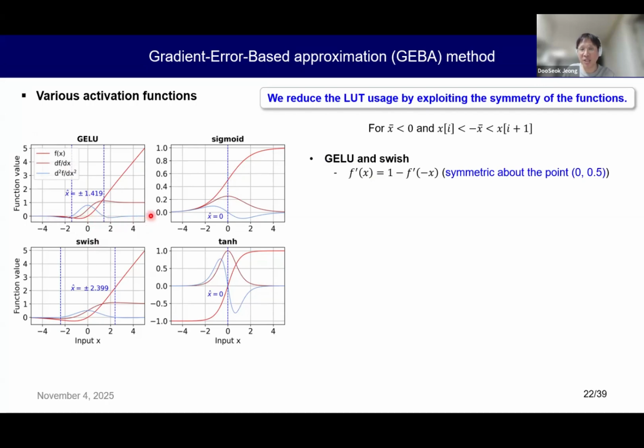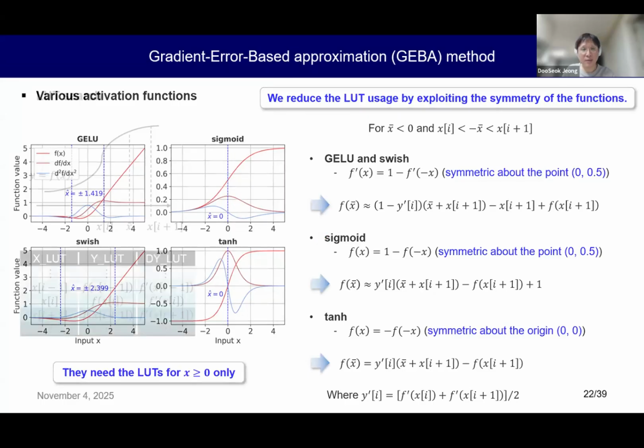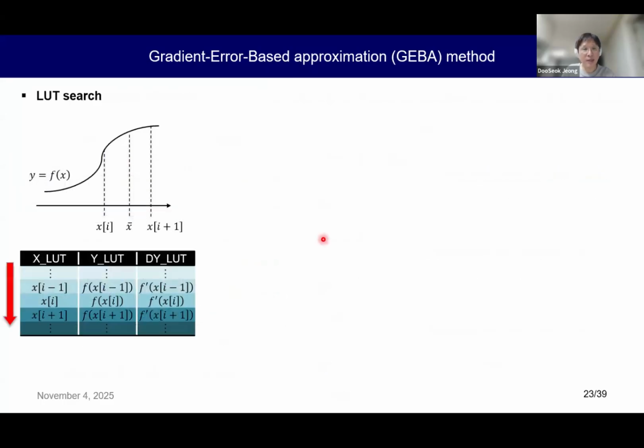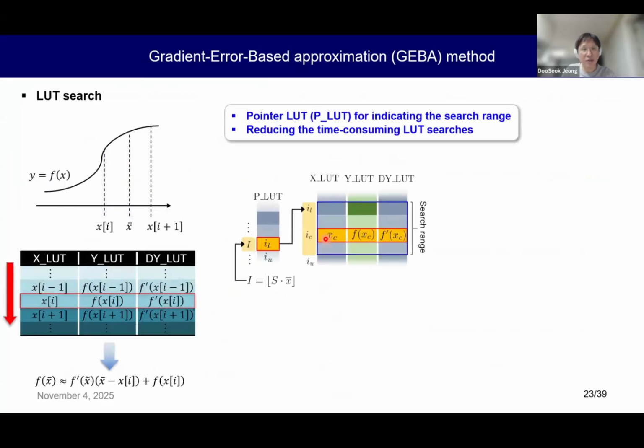Instead, you can have the lookup table for just positive input. Then you can build the activation function for all different inputs, no matter whether it's negative, zero, or positive, right? Cool. All right. So you build the lookup table.